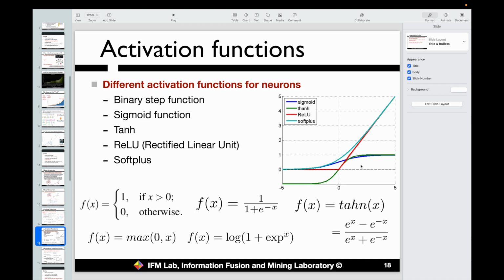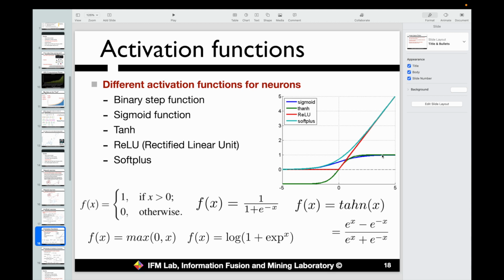So the main disadvantage for the sigmoid function and tangent function is that they become very flat when x is large enough. So according to gradient descent, for this region, its gradient will be very small, right? It will make the model very difficult to learn, because if we rely on gradient descent, and the gradient is so small because this curve is so flat, then the model learning will be more difficult.